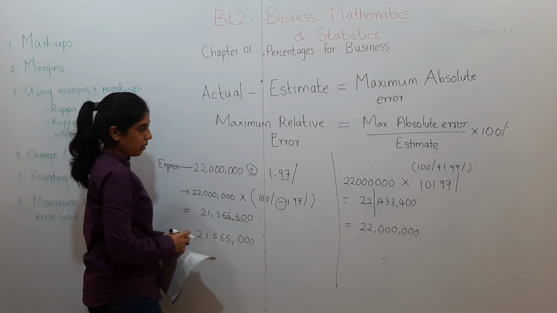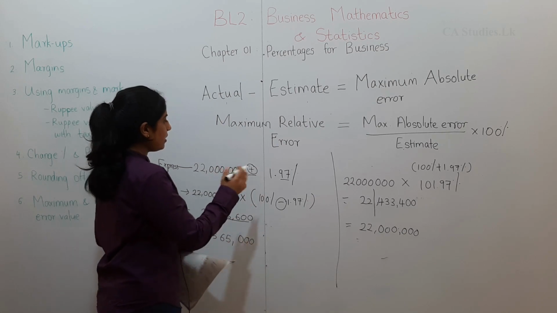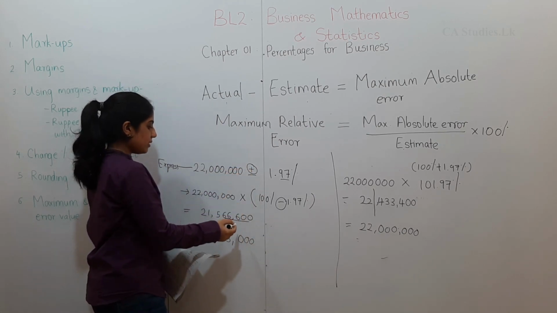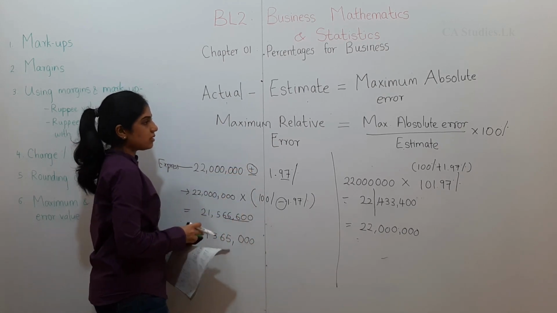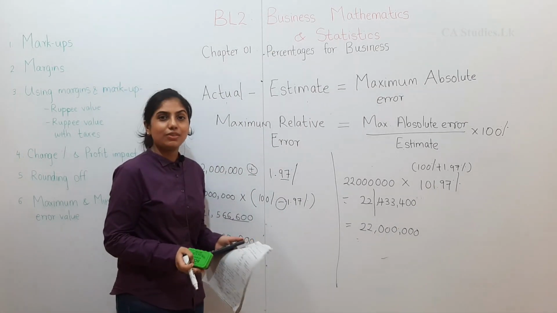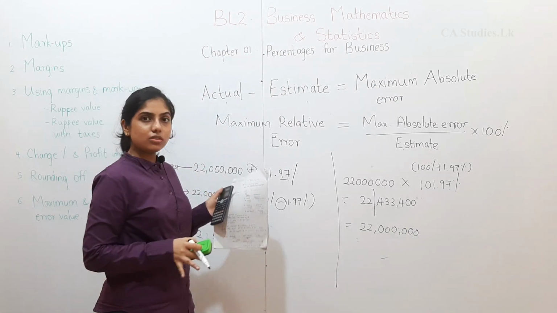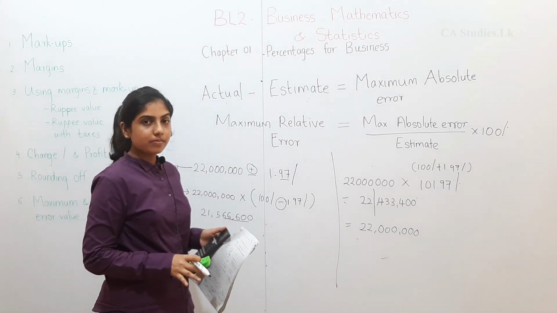Actually it should be in a way that plus or minus gives 21,565, but this is the formula we have to use for any situation so that we don't get confused. So, remember those formulas, okay.